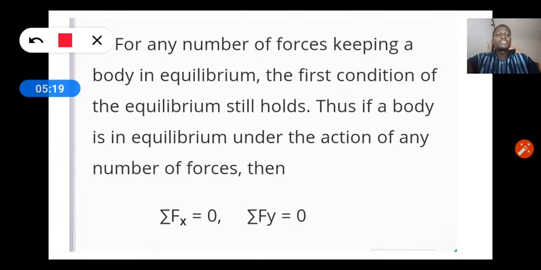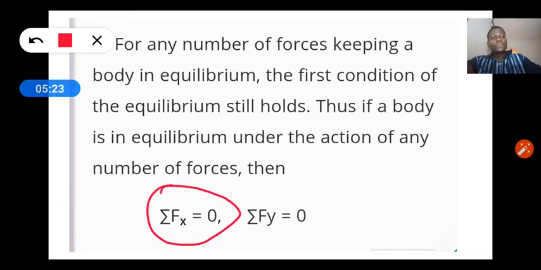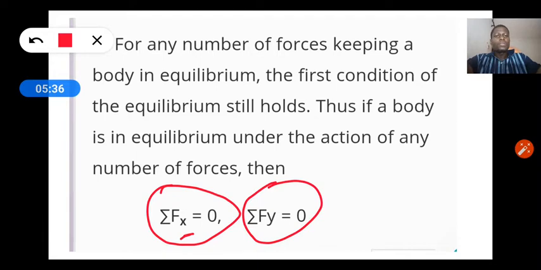We said the summation of Fx is 0, the summation of Fy is 0. What does this mean? It means when I resolve all my forces to the horizontal axis, x is the horizontal axis, the sum of all the forces must be equal to 0.